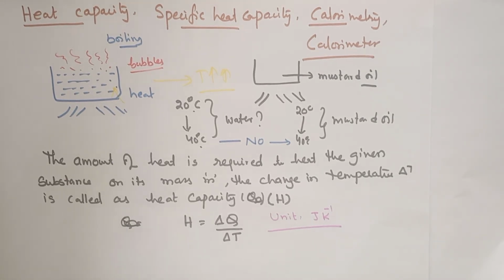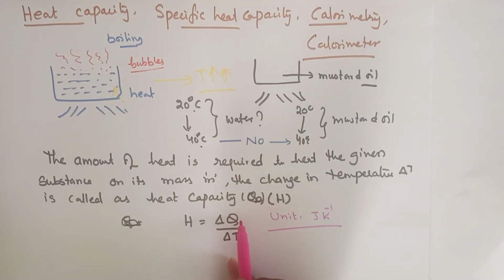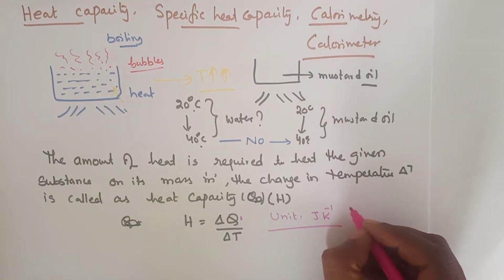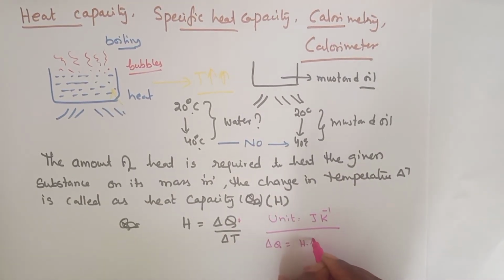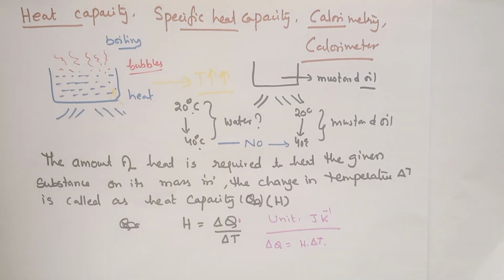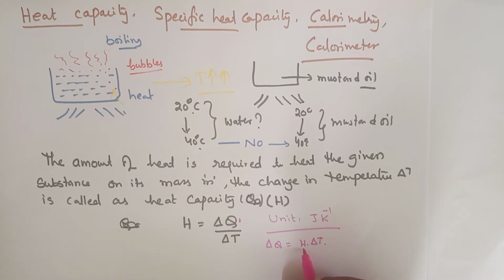Based on the heat capacity, the temperature difference you can get, right? So delta Q by delta T means delta Q is equal to H into delta T. So H is a property of the material. It is different for different materials also.